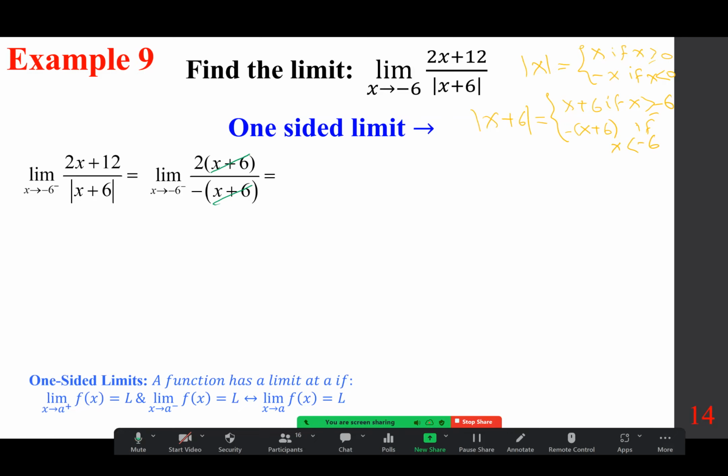So the limit of -2 as x approaches -6 is -2.